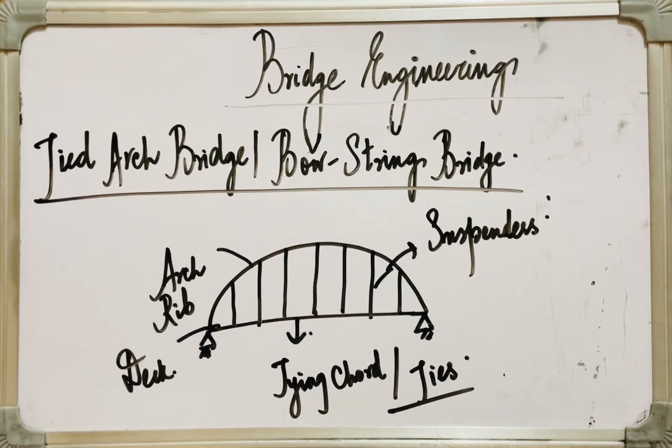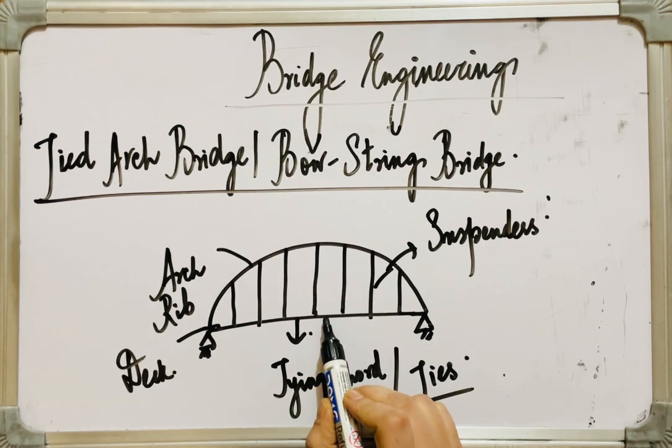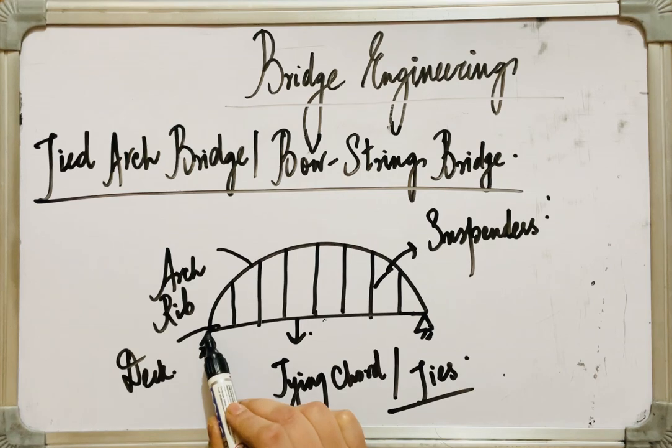All right, so a tied arch bridge is an arch bridge in which the outward directed horizontal forces of the arches are borne as tension by a cord tying the arch ends together rather than by the ground or the bridge foundation.